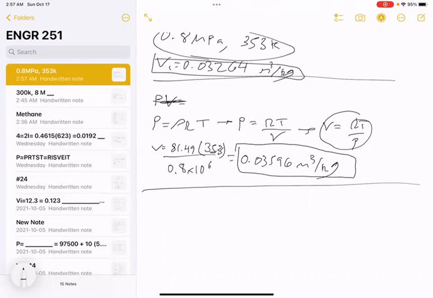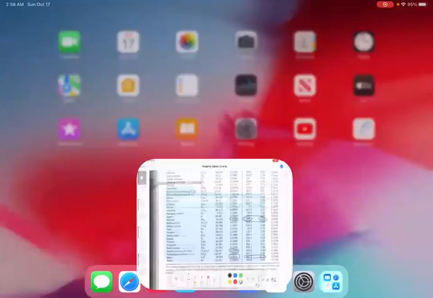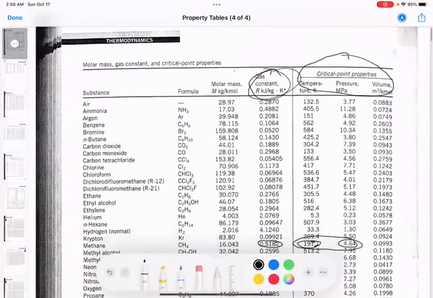So compressibility charts, remember, we're going to think about it in terms of reduced quantities. So reduced temperature, reduced pressure we can start with. So reduced temperature, we know is our temperature that we have divided by the critical temperature. Well, I don't know the critical temperature by heart, so I'm going to go get it from this column over here.